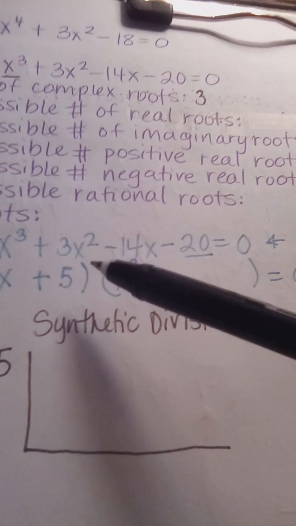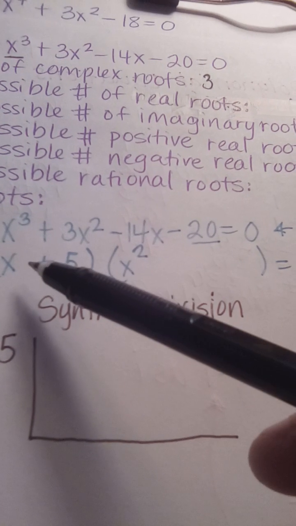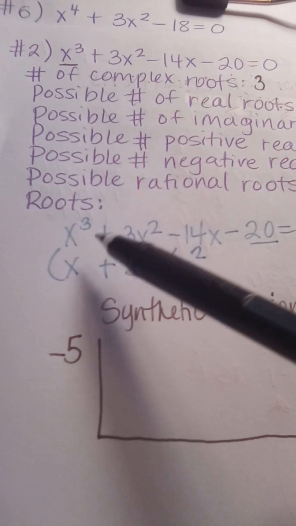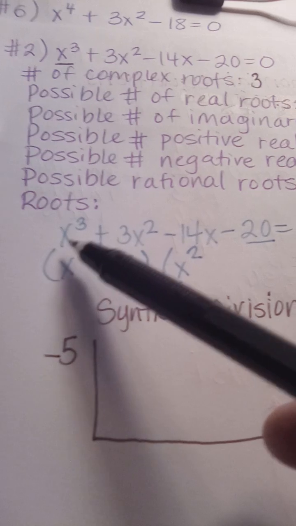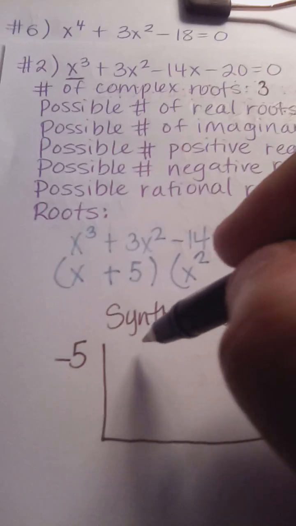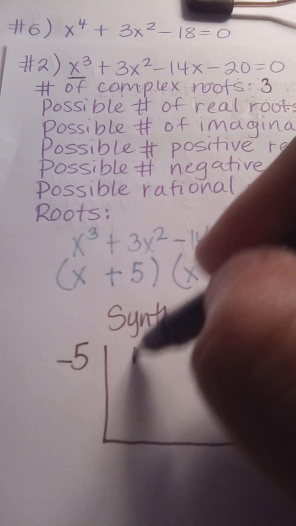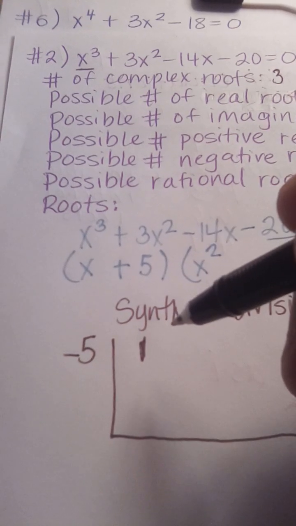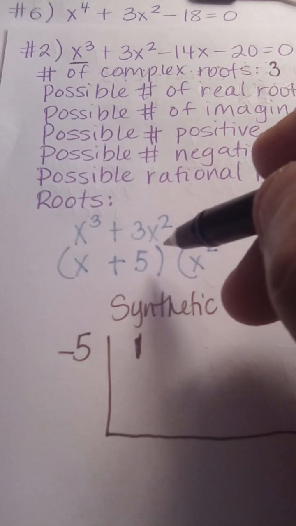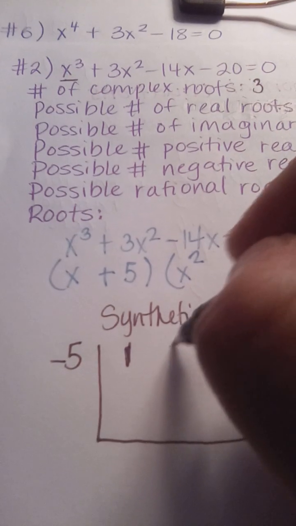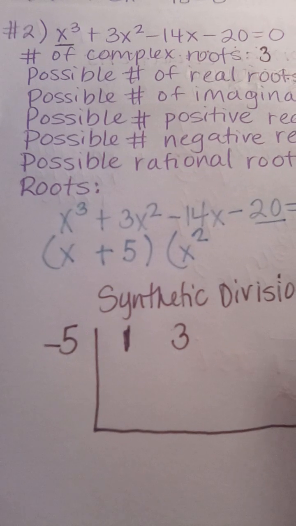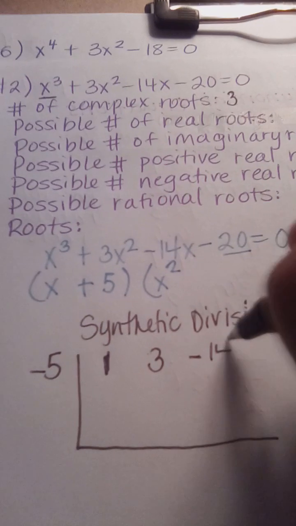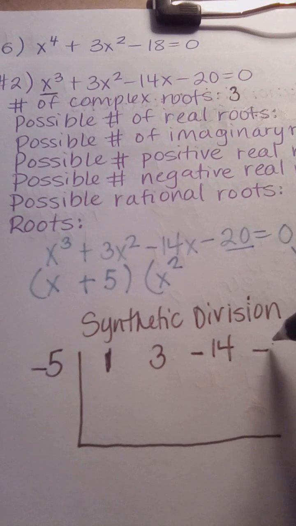And then you see the rest of the terms. Yes, we have the rest of the terms. X squared is 1. -3, -14, -20.